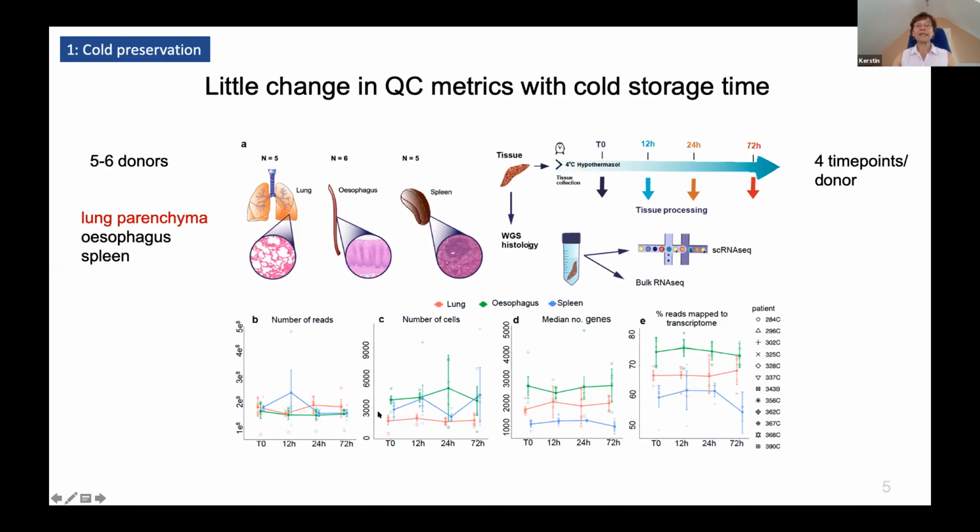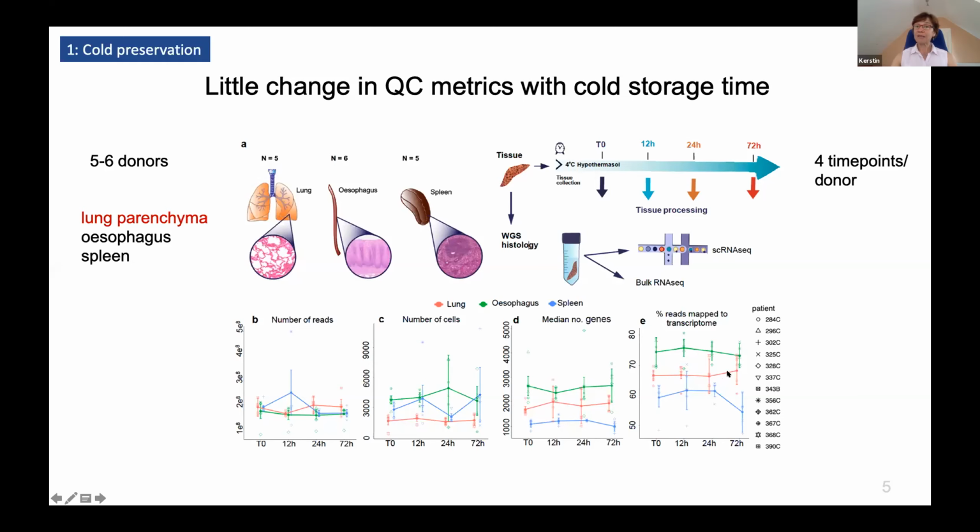Here's the number of reads, the number of cells, the median number of genes, and then lastly, the number of reads mapping to the transcriptome. We can see here that for the spleen, at 72 hours storage, there actually begins to be a drop-off in data quality. But for all of the other samples, the stability of the tissue is pretty good.